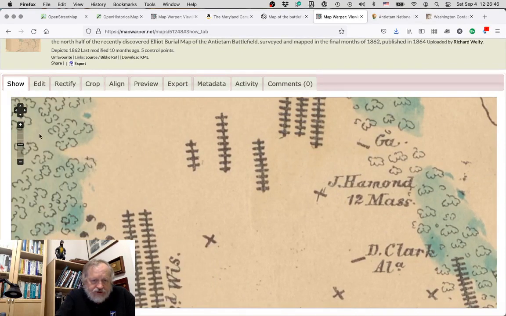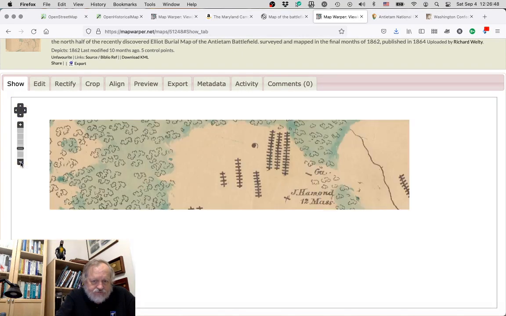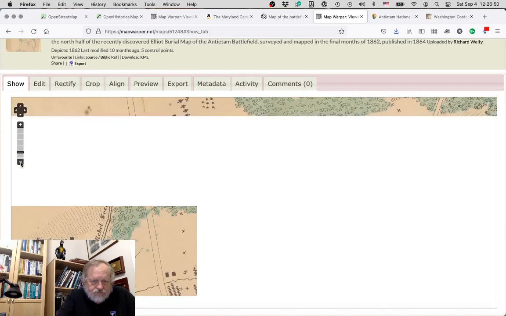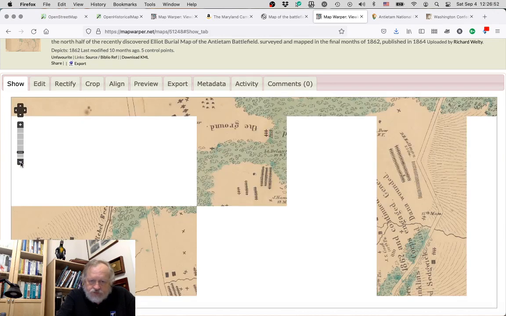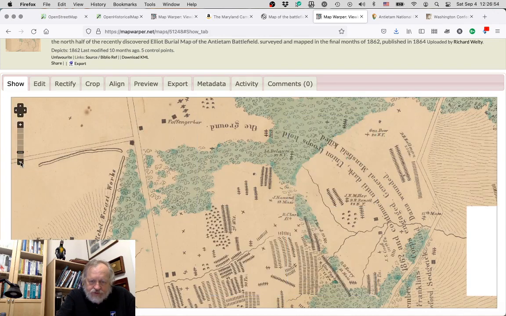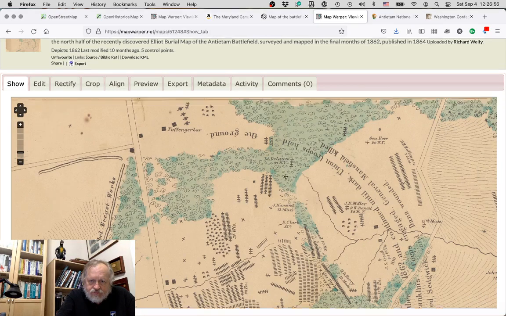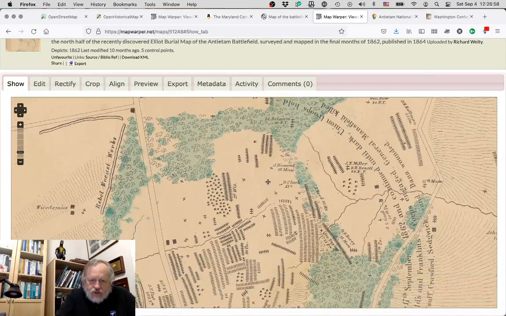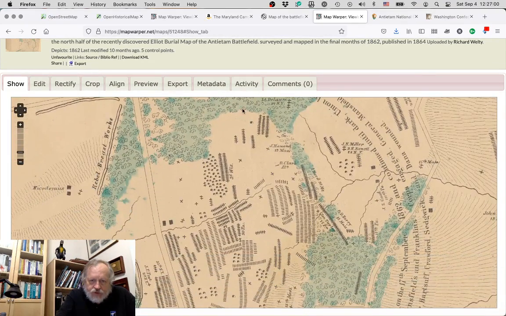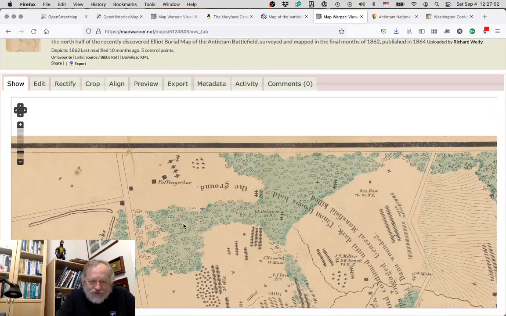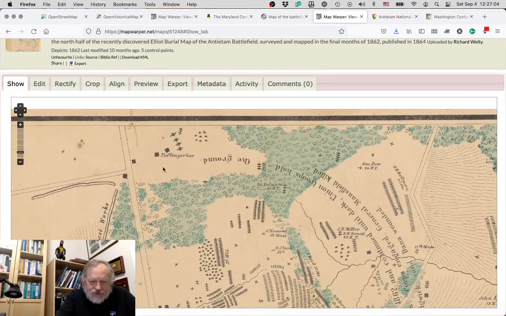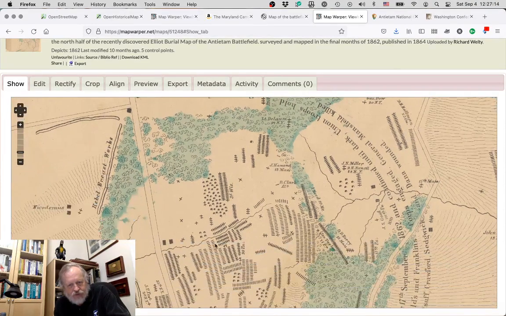So this area that we're looking at here, let's zoom out a little bit. Yeah, this is the north end, so that's the North Woods. And again, referencing where my family lived at the time, that's one of the Poffenberger farms, and that's a candidate for the one that my great-great-grandfather and great-great-grandmother might have lived in, although we have no proof.